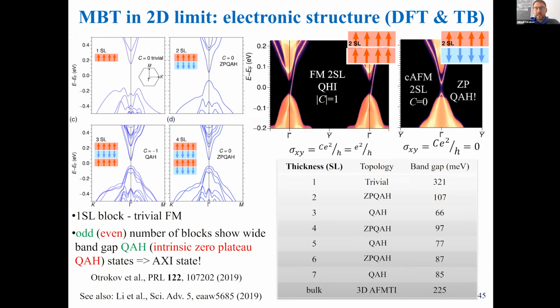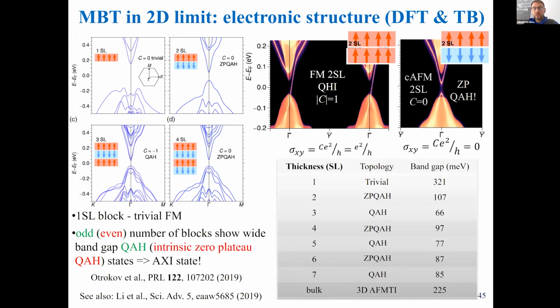What is this? This is the intermediate state that is achieved during the remagnetization process. When you go from magnetization up, Chern +1, to magnetization down, Chern -1, through the intermediate state, which is the compensated antiferromagnetic state, Chern equal to 0. Why is it so important?